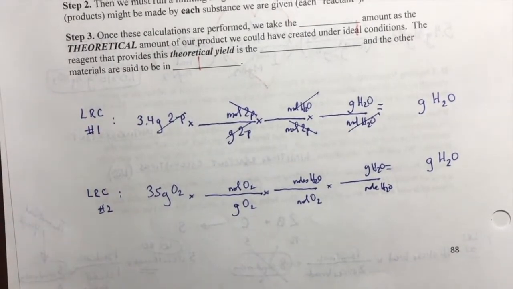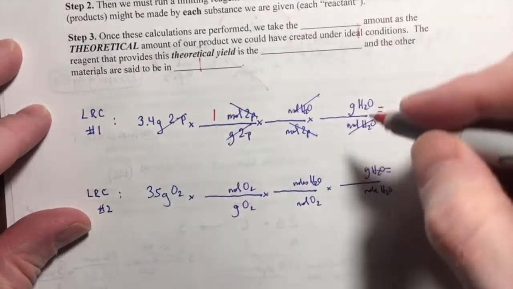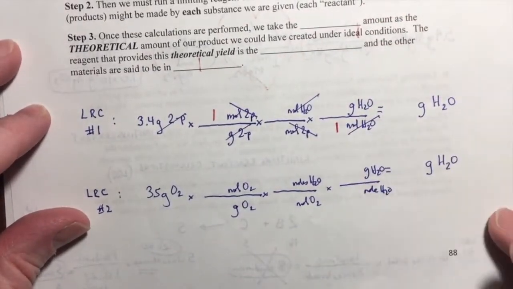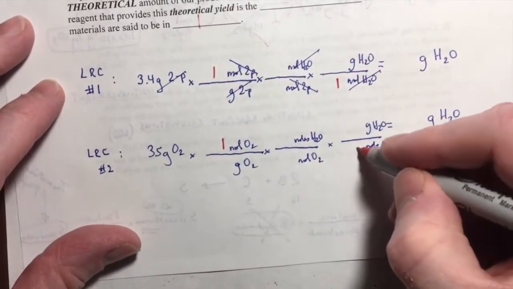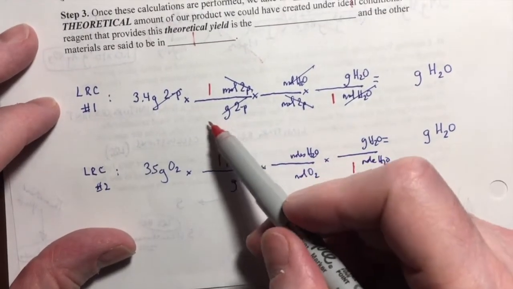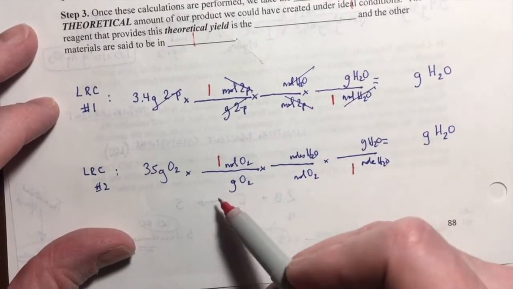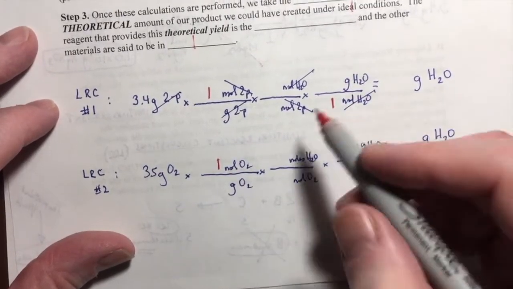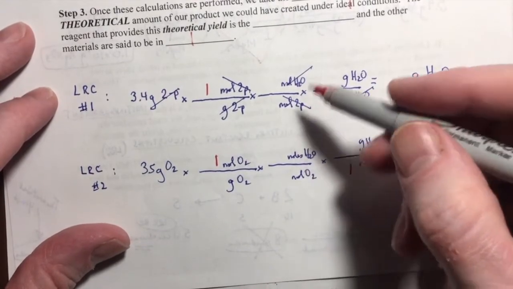All right, let's plug in some numbers here. I know that molar masses are always for 1 mole, so I can plug in those ones right there. A mole, molar mass there, and a molar mass there, right? And now I have to figure out how many grams per mole for each. Let's go ahead and plug in my molar ratios. Here's the heart of my stoichiometry.